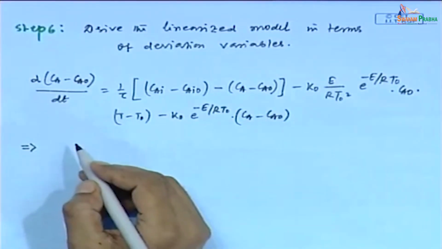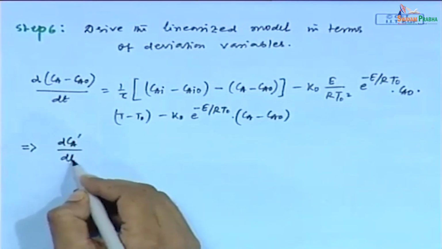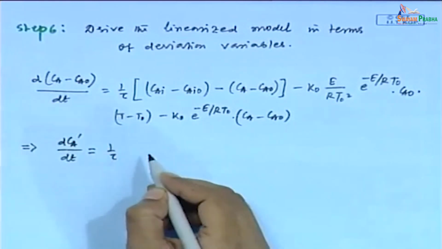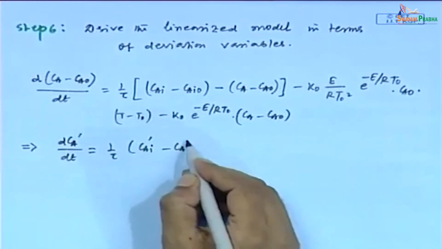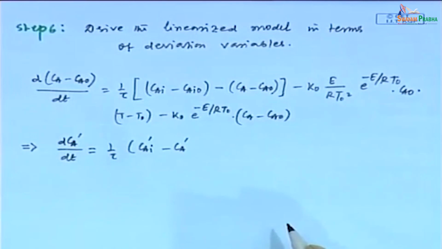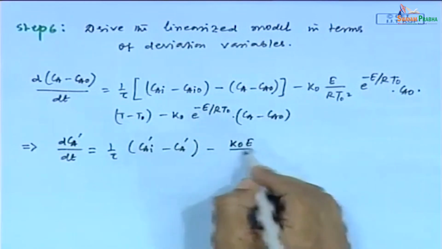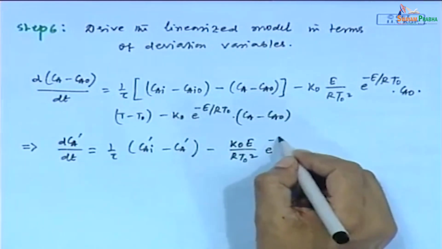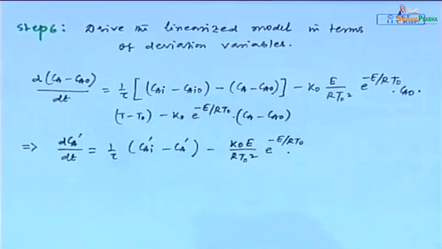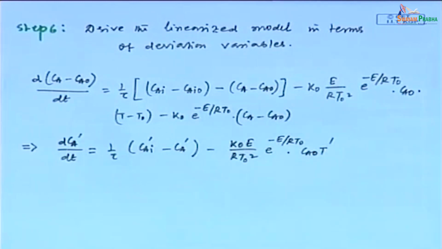So, we will represent this in terms of deviation variables. So, what will be that? dC_A prime/dt equal to 1 by tau (C_Ai prime minus C_A prime) minus K naught E divided by R T naught square, exponential of minus E divided by R T naught, C_A naught T prime.